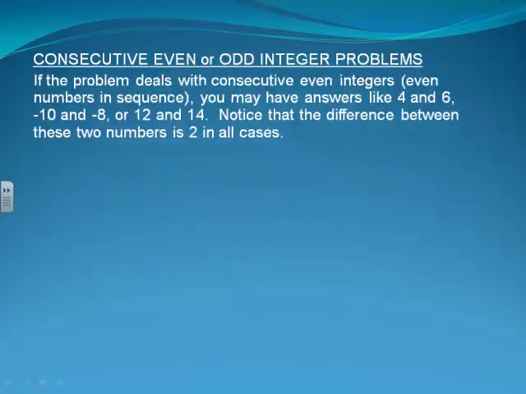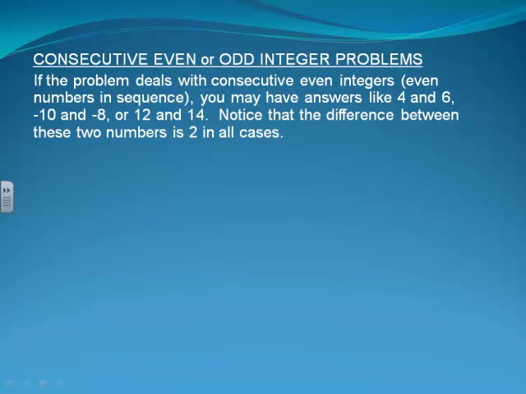So we're going to use that to solve problems. Now, there's also a special case of consecutive integer problems, and that is consecutive even or odd integer problems. If they're asking you to find consecutive even or odd integers, where you're talking about even numbers in sequence like 4 and 6, you agree with me that in the integer set, if your first even integer is 4, the next one in line is 6.